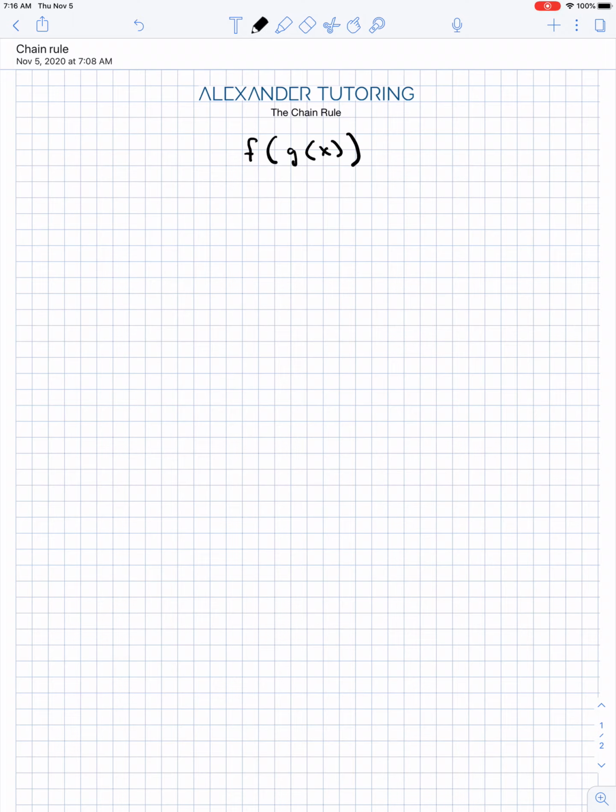Let's say we had y equals the sine of x squared. Now, this is a composite function because we can think of this as one function plugged into another. So we're going to use a term called the outside function. I'm going to just switch variables here. I'll show you why in a second. So the outside function we're going to call f of w, which is the sine.